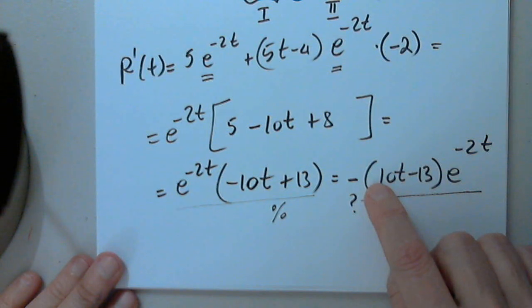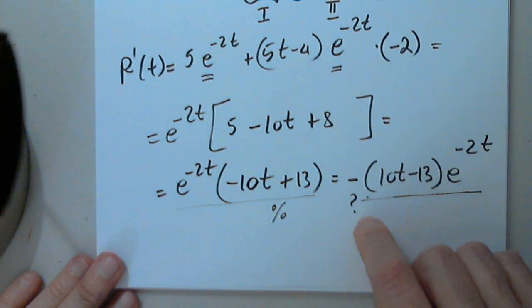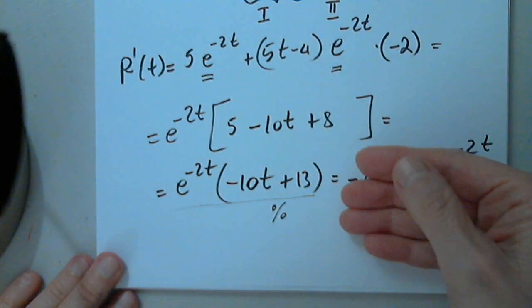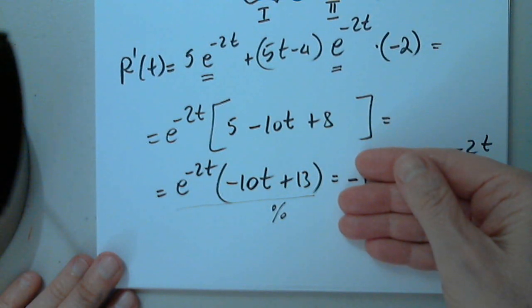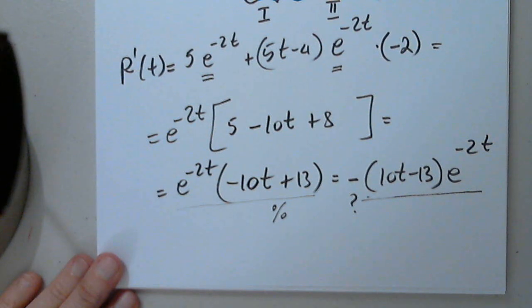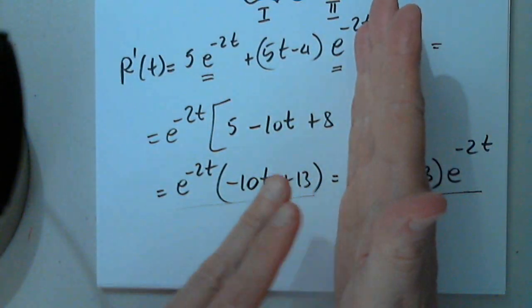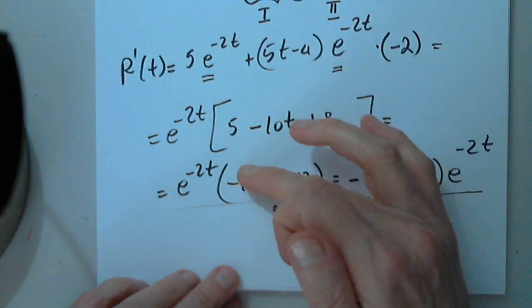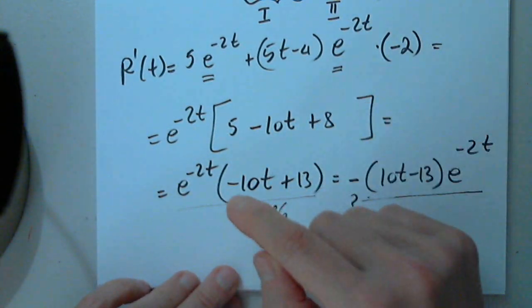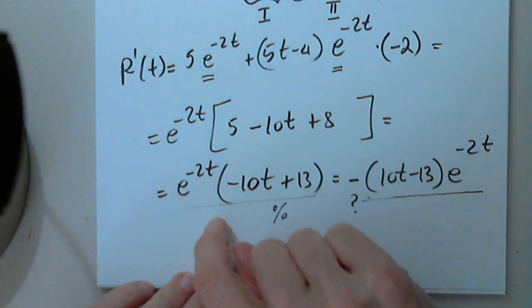If there is a negative leading coefficient, it doesn't belong there. It should be out. This is a habit, and I'm hoping that at least some of you will get into this habit. Till this point, even if you write 13 minus 10t, it's still 100%. However, all polynomials should be in descending order, and if there is a negative leading coefficient, out.